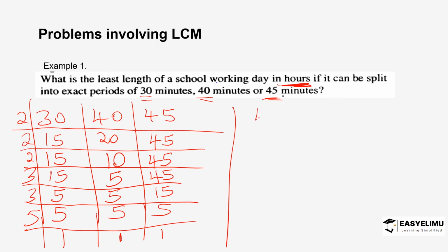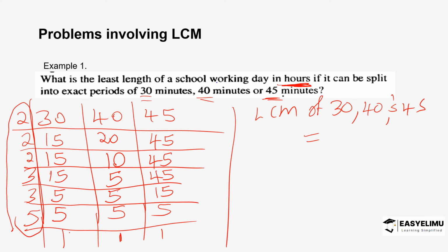So now we have the LCM of 30, 40, and 45 is equal to. Now, once we have these ones, 1, 1, 1, we just multiply these. So we have 2 by 2, and then 3 by 3, and then by 5. So 2 by 2 is 4, 4 by 2 is 8.